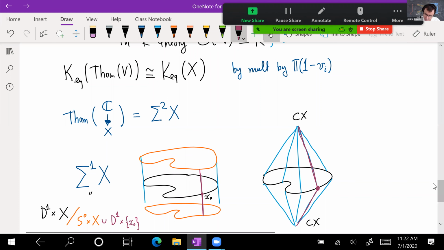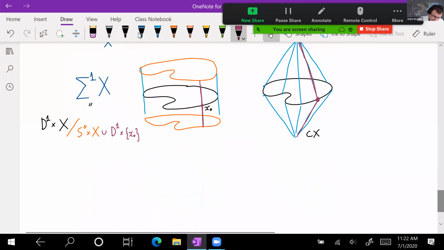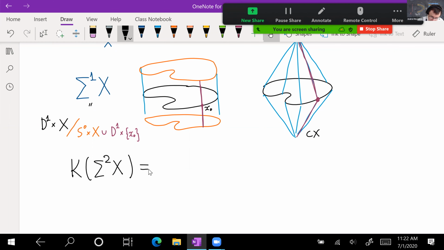So then the Thom isomorphism says that for any X, the K theory of the twofold suspension of X is the same as the K theory of X. Well, that's really about periodicity.